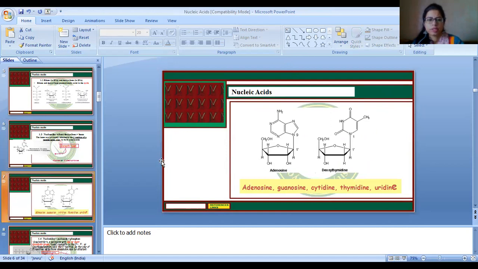These are the detailed structures of adenosine. This is the pentose sugar, and the nitrogenous base is binding with it, and because this is the adenine base, this combined nucleoside structure is known as adenosine.